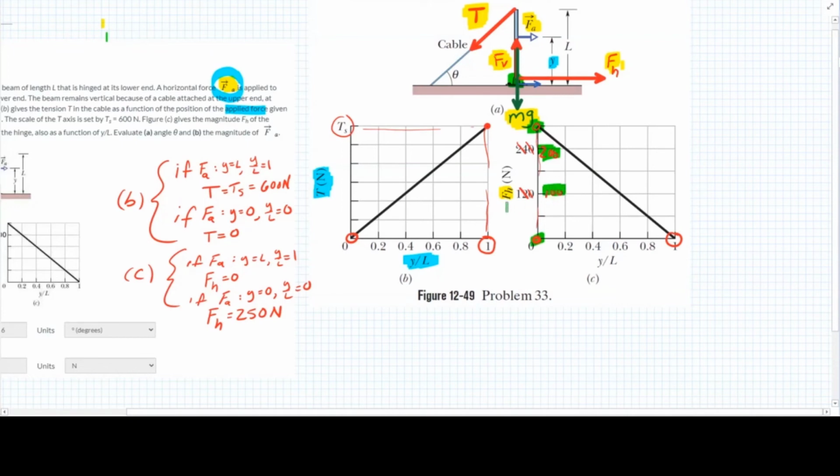So this is an aha moment. I can say right here, aha, F sub A equals 250 newtons. So I got that right now, and I think that's the answer to part B.